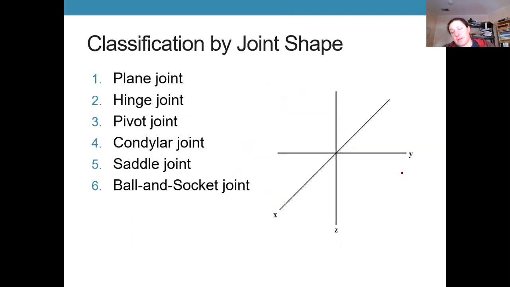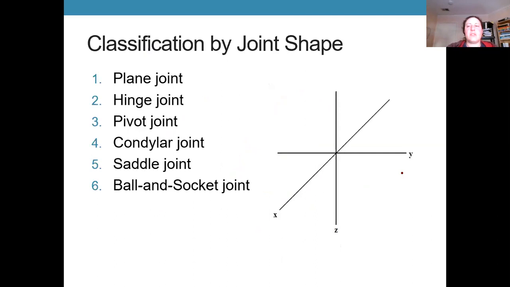Now, it's not enough, of course, to categorize them by the planes in which they move. We also classify synovial joints by the shape of the bones. And while that sounds weird, it's because the shape of the bones as they come together is the biggest factor in determining range of motion.